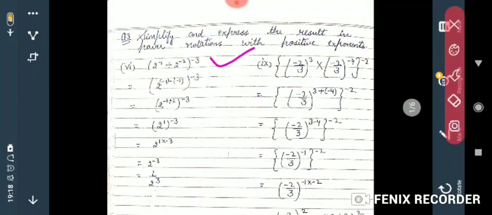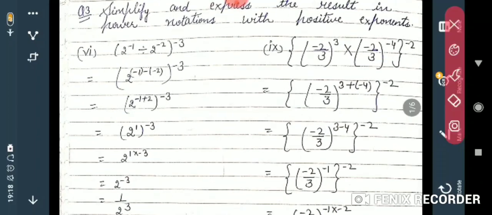So the question is: (2 to the power minus 1 divided by 2 to the power minus 2) whole to the power minus 3. So first what will you solve? You will solve the bracket.